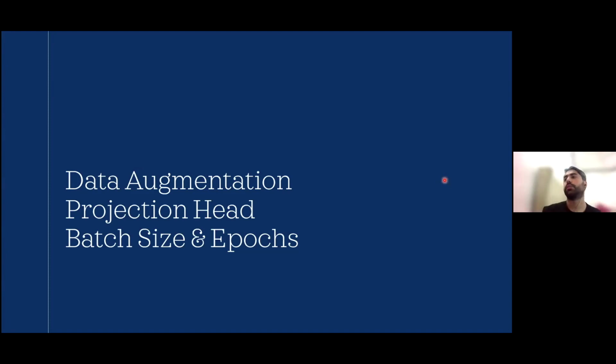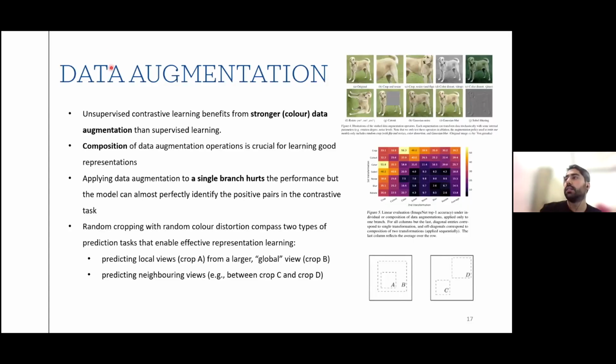Okay, now comes data augmentation, projection head, batch size, and epochs. Data augmentation was one of the most important things, crucial for an unsupervised learning task. It benefits from stronger data augmentation than supervised learning.